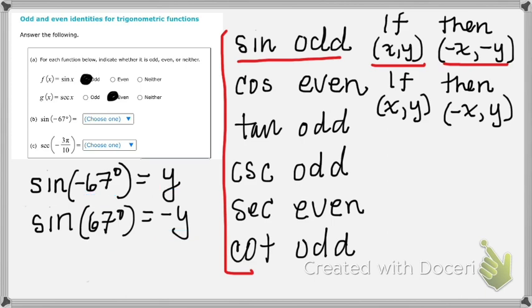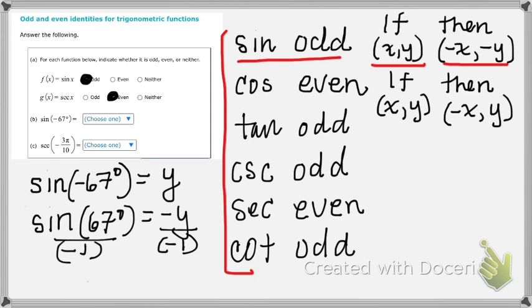Now, what's going to be in this drop-down menu, where you're going to be able to choose one, gets a little bit more confusing. If I take this and move the negative sign, I'm basically going to divide both sides by -1.